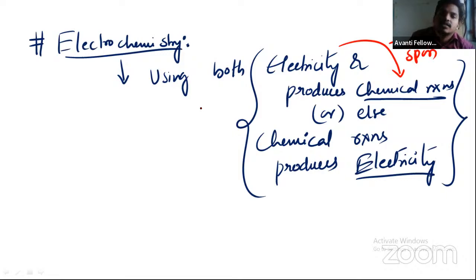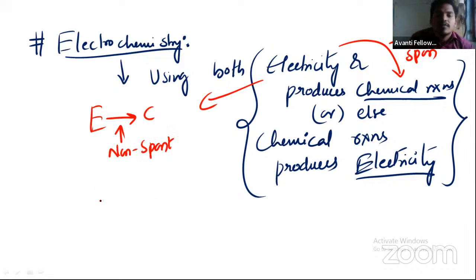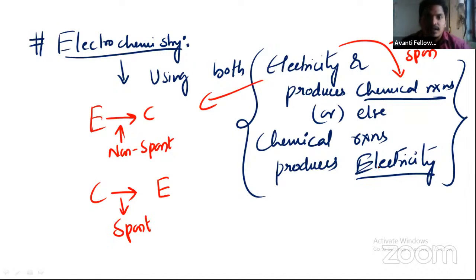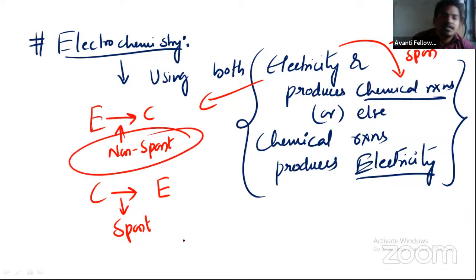From chemical reactions to electrical energy, this is called a spontaneous reaction. Okay now. So now tell me, non-spontaneous का मतलब क्या है, spontaneous का मतलब क्या है?